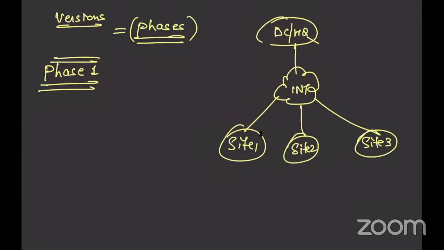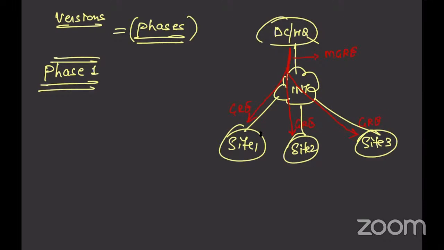The configuration looks like this: you need to create a multipoint tunnel on the hub side. When you are configuring the hub, you configure it as mGRE, and on this side you configure it as GRE. This is how they implemented phase 1.